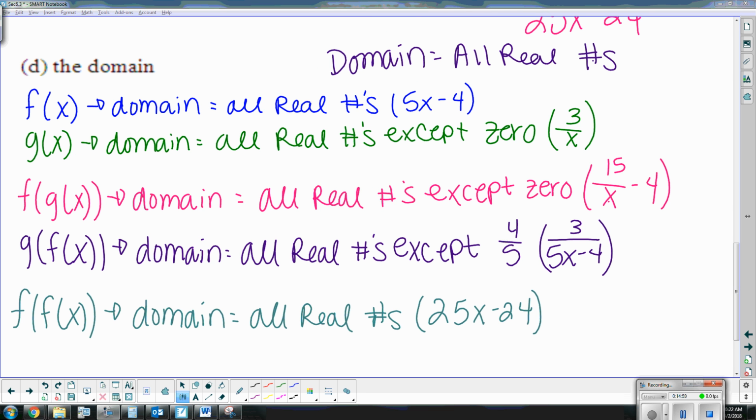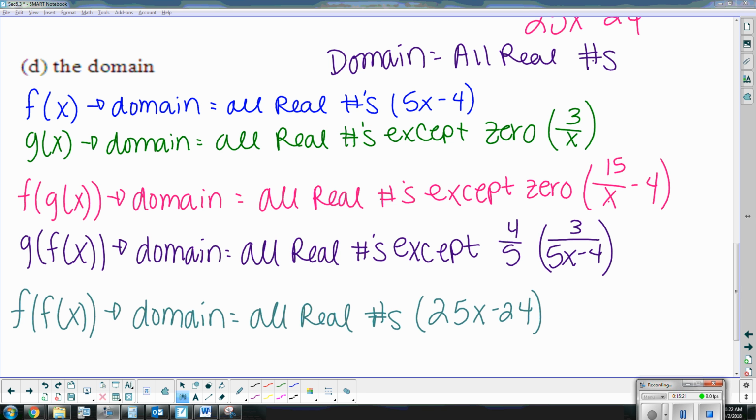So just as a summary, looking at the function f, the domain is all real numbers. G of x, the domain is all real numbers except for 0 because you cannot divide 3 by 0. F of g of x, the domain is all real numbers except 0 because f of g of x is defined as 15 over x minus 4. X cannot be 0.